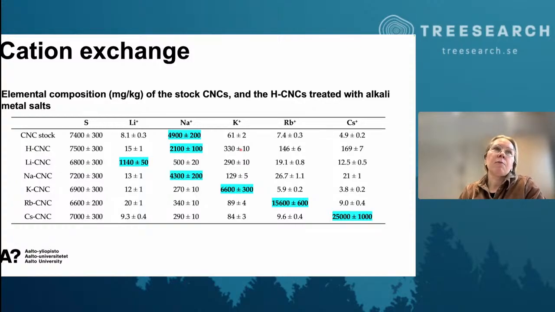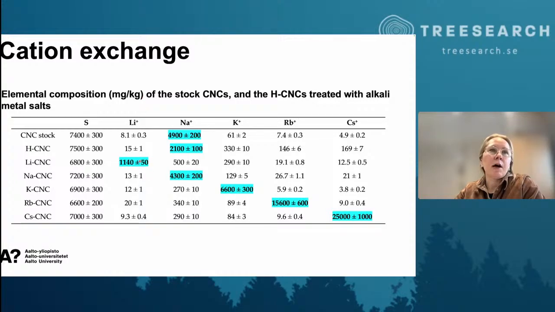Here is the same information in a more dry format, the elemental composition. You can see the first group cations on the cellulose substrate and the levels of the composition of the different substances in milligrams per kilogram.